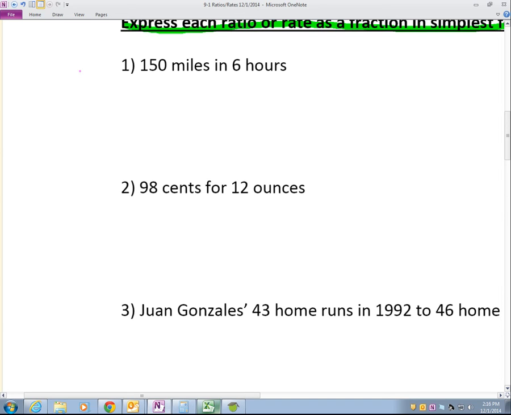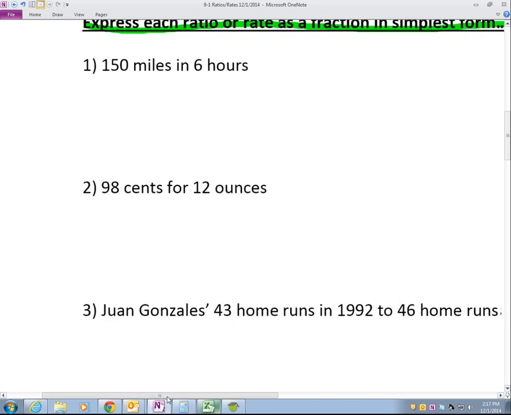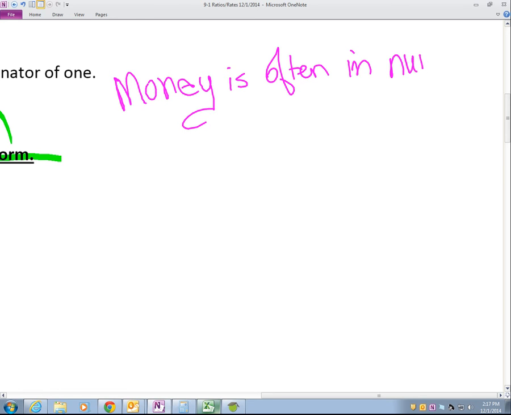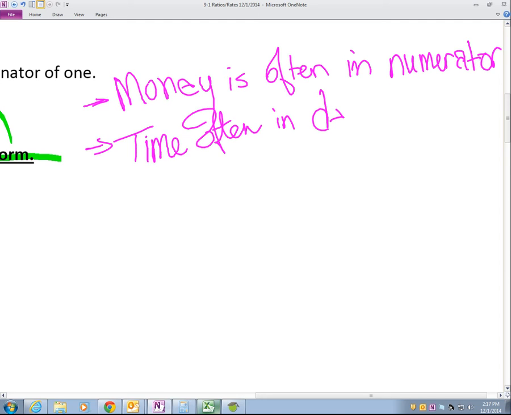You could say these ratios or rates in any order, but I want you to go over to the right margin, please, and write that money is often in the numerator. Time is often in the denominator.